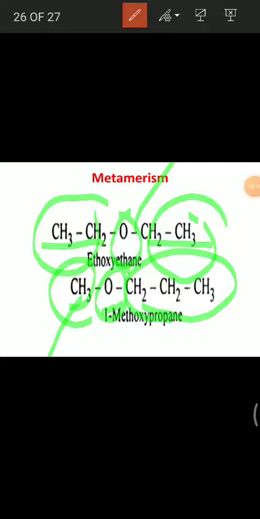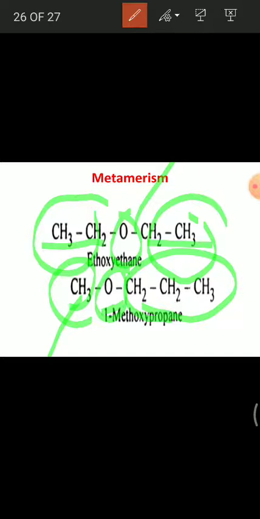The second one is positional isomerism. Positional isomerism means the isomerism arises due to the difference in the position of the substituents or unsaturation or functional group. One example is 2-propanol and 1-propanol.